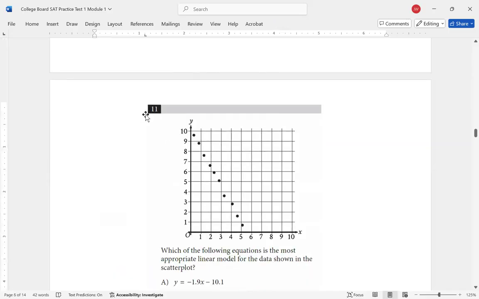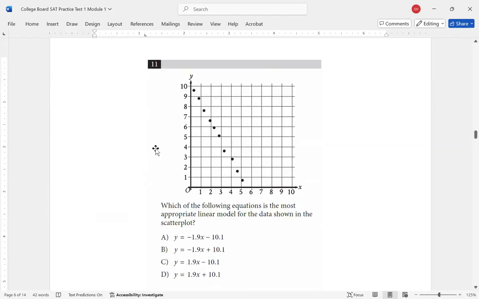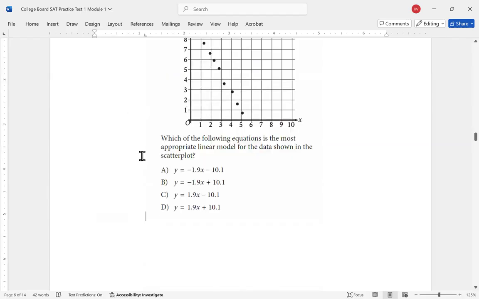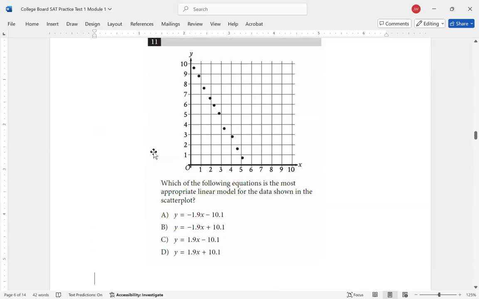Question 11 says, which of the following equations is the most appropriate linear model for the data shown in the scatter plot? Now, I'm going to go through this. I'm just going to notice that the data in the scatter plot are moving downwards.